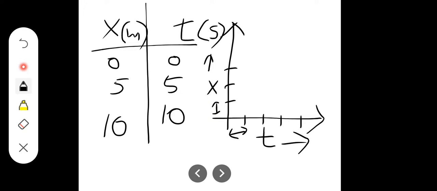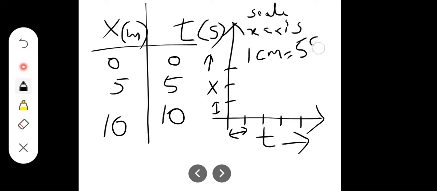So how do we write a scale? In the x-axis, 1 centimeter equals how many seconds? In the x-axis you are representing time, say 5 seconds.